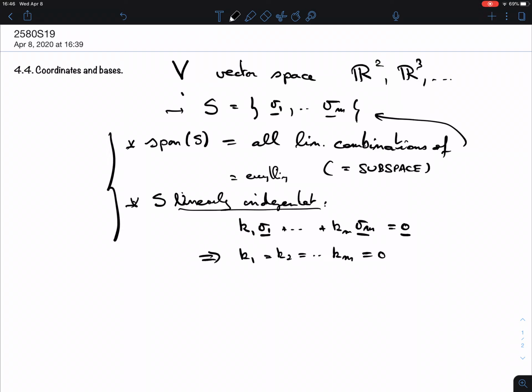And if these two conditions hold, then we say S is a basis. So we call S a basis if every vector in V is a linear combination of these vectors and these vectors are linearly independent.